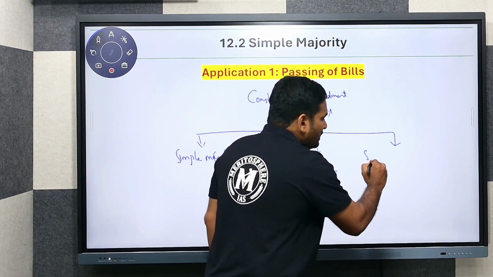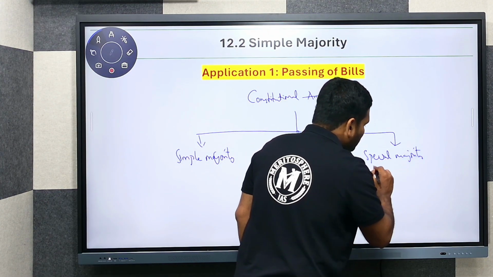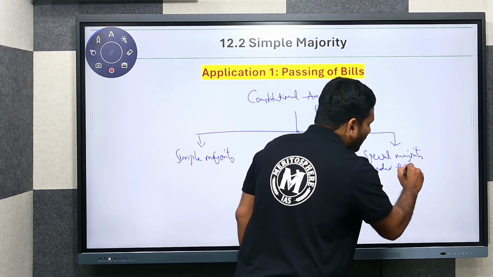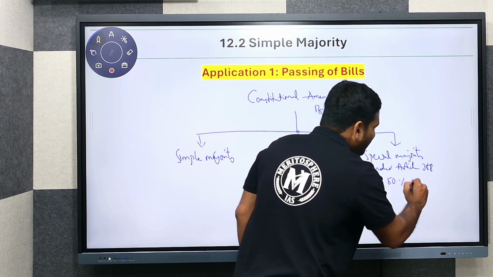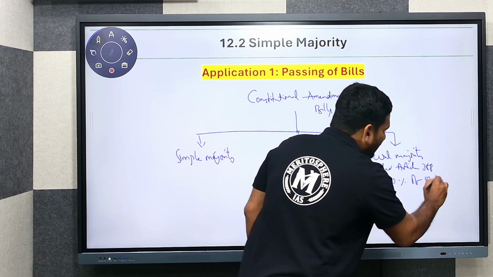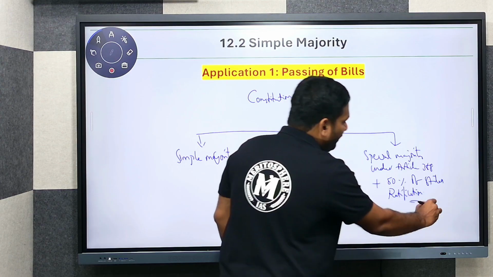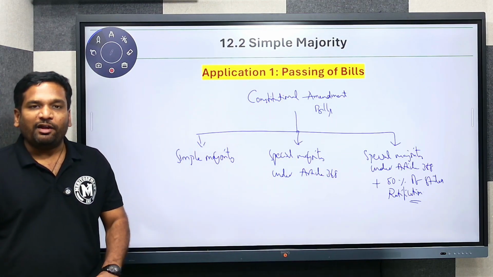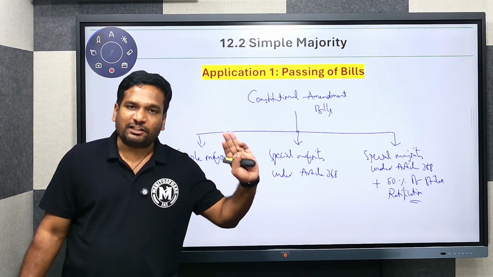The third type is special majority under Article 368 plus 50% of the states' ratification. Got my point? So the constitutional amendment bills can be of three types based on the majority required to pass such a bill.